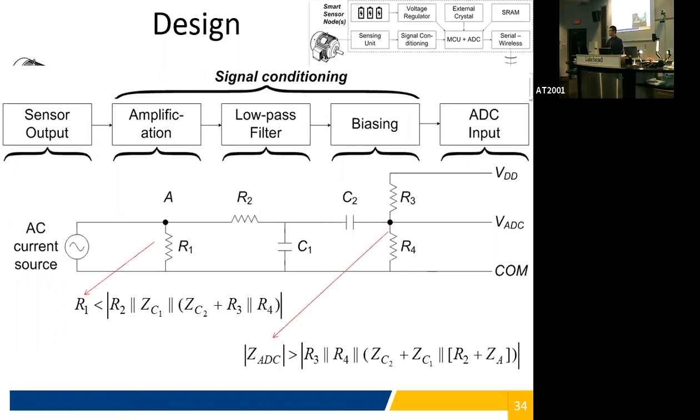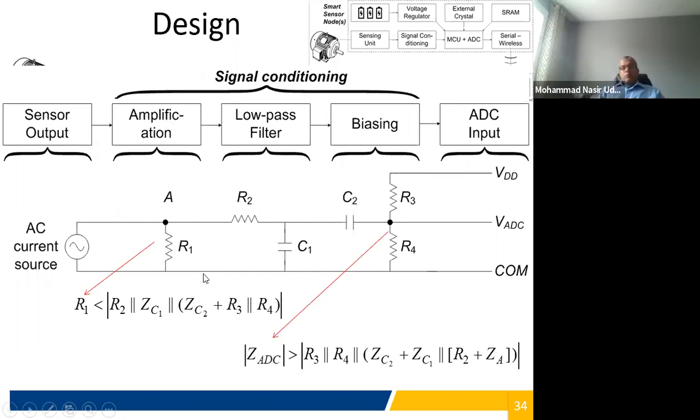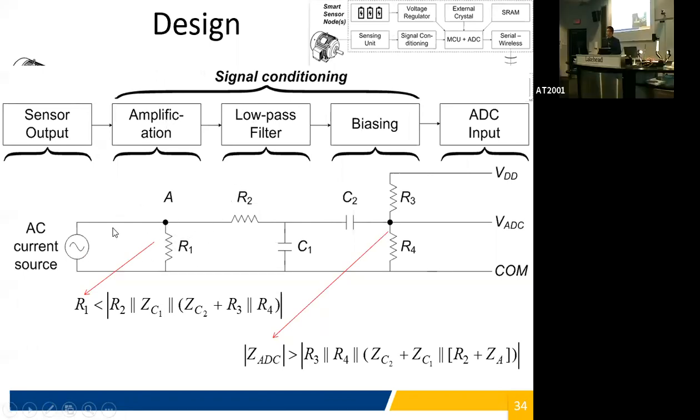And basically the design around this involves impedances. So the impedance of this part of the circuit has to be greater than the impedance of the resistor that the current is flowing into, so the majority of our signal flows into the resistor we want to convert into voltage.